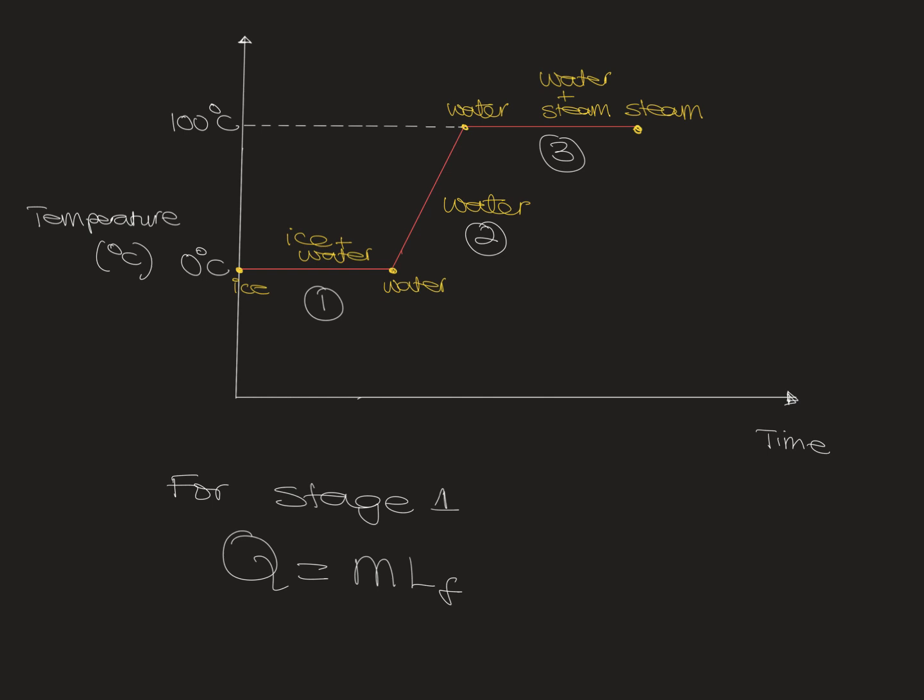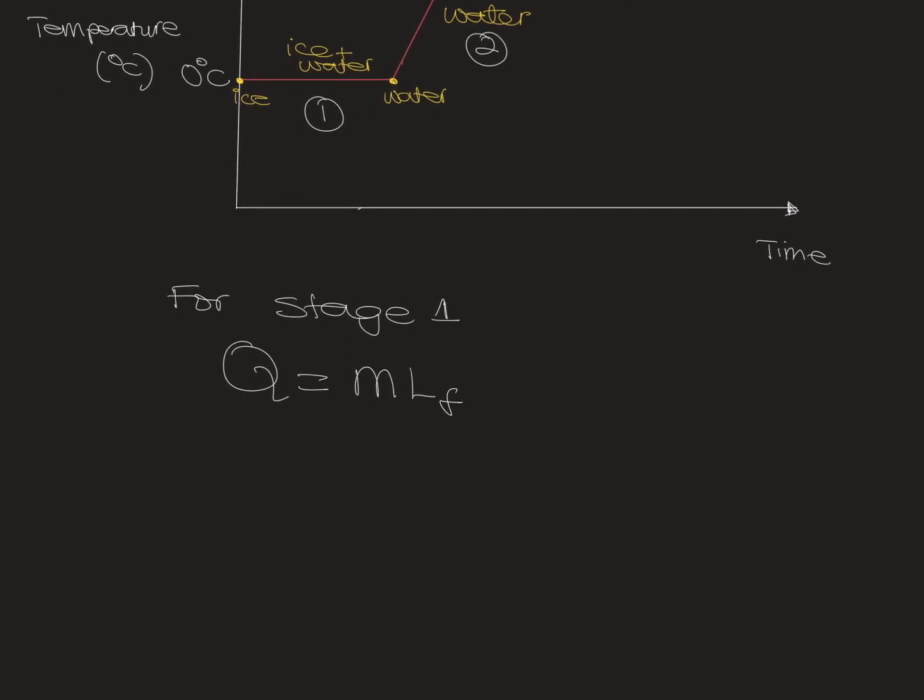So that is Q is equal to the mass times the specific latent heat of fusion. We are using fusion here because it is a process of melting. So Q is equal to the mass of the ice times the specific latent heat of fusion of water.